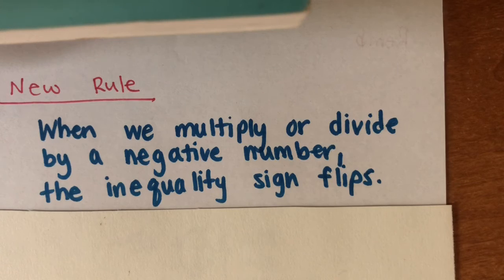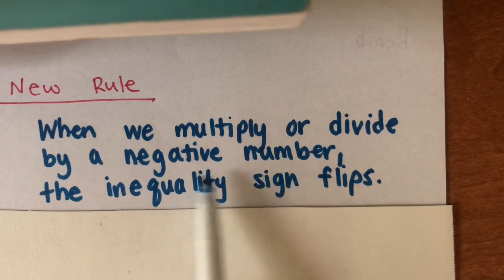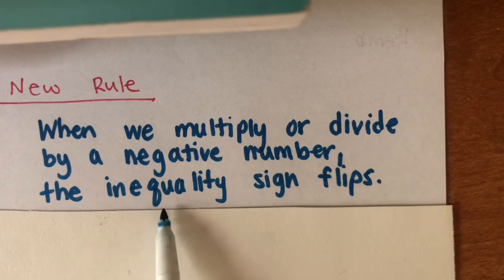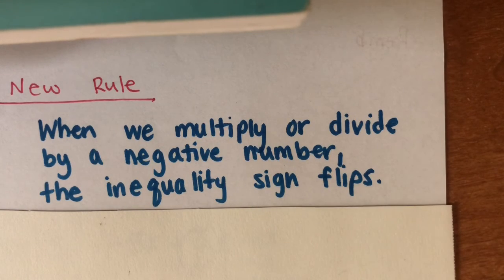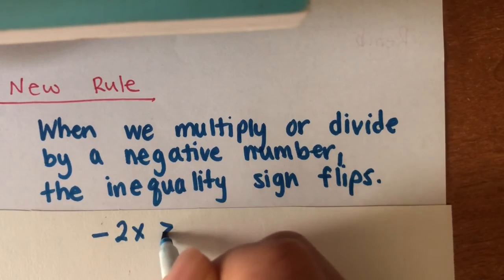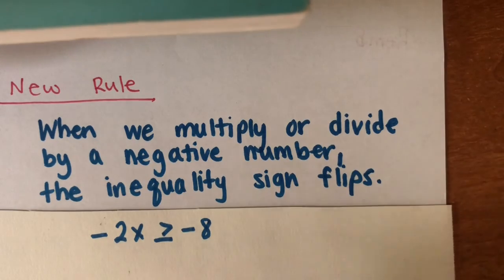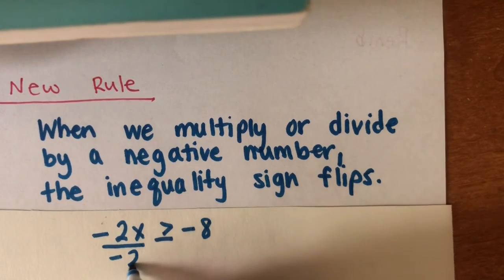Before we move on to our last example of the day, I'm going to go ahead and discuss this new rule that comes with solving inequalities. So our rule says that when we multiply or divide by a negative number, the inequality sign flips. So what that means, if we have something like negative 2x is greater than or equal to negative 8, we know that we need to divide both sides by negative 2.